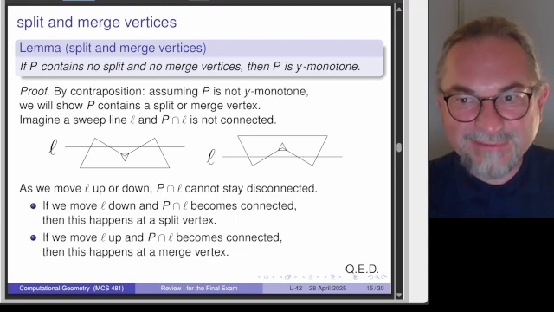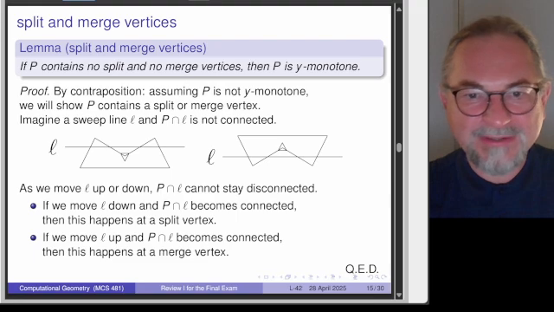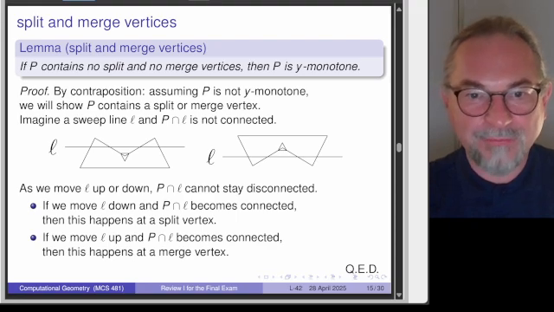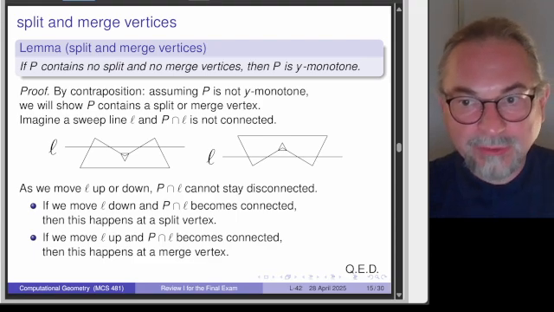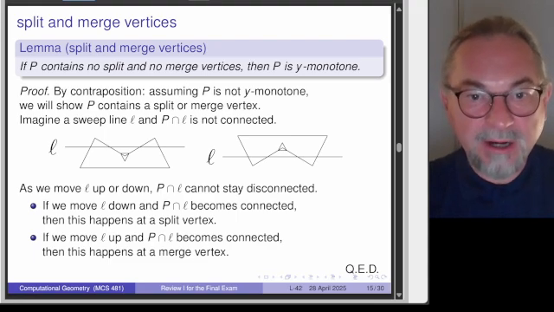This proof is interesting for many reasons because it is essentially reformulating the definition. If we had forgotten the definition of a split and a merge vertex, here it is. It also shows the relationship between the property of a polygon not being Y monotone, that there must then be either a split vertex or a merge vertex, as the proof by contradiction shows.